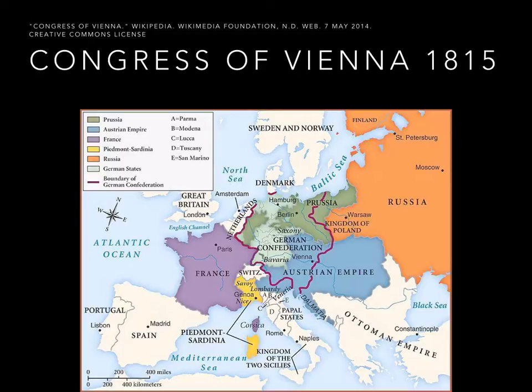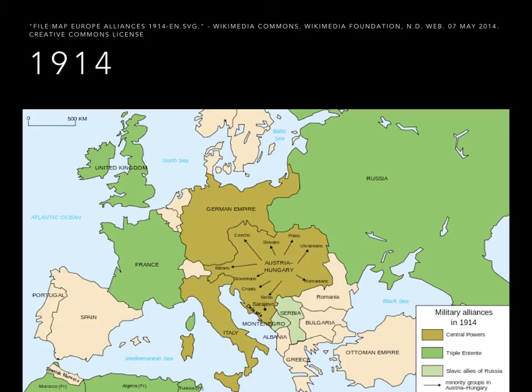You see Poland has been absorbed by Russia, so it's after the Polish partitions in the late 18th century. The Austrian Empire is still intact. It's not the Austro-Hungarian Empire. And the Ottoman Empire is still controlling a lot of southeastern Europe. So if you see a map of all of Europe, you want to key in on Central Europe. That's where you're going to find a lot of clues about what time period this map is trying to represent.